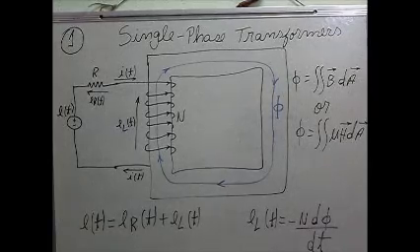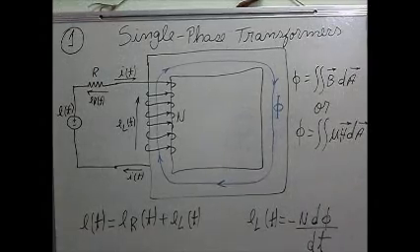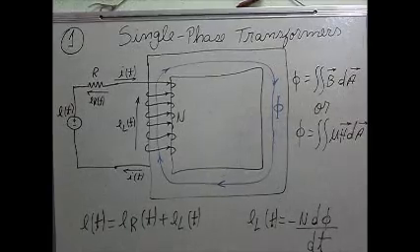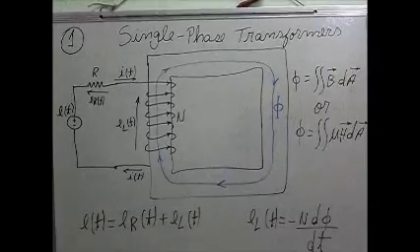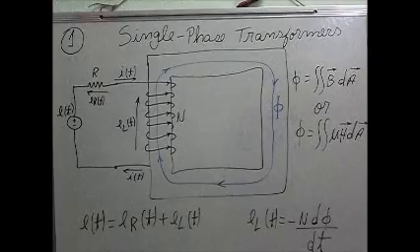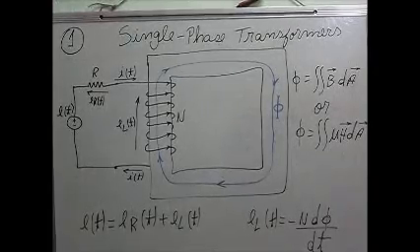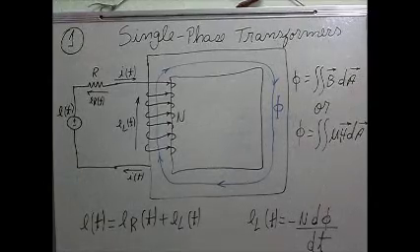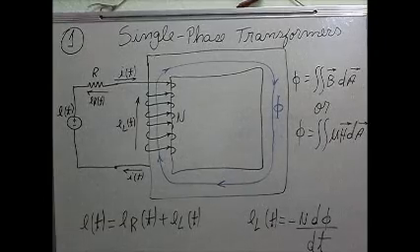This mu depends on the core. It's a property of the core called permeability. If the core has a high permeability, let's say it's iron, the permeability of the iron is much higher than the air. If we wound this wire about an iron core, the permeability will be very high.